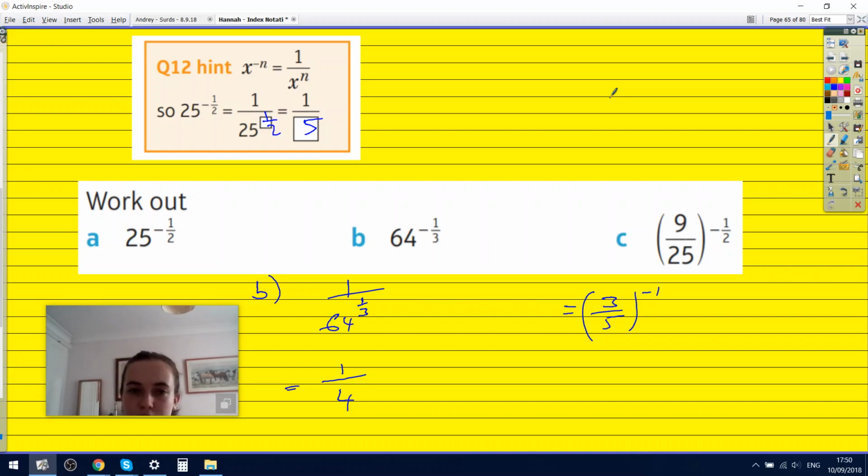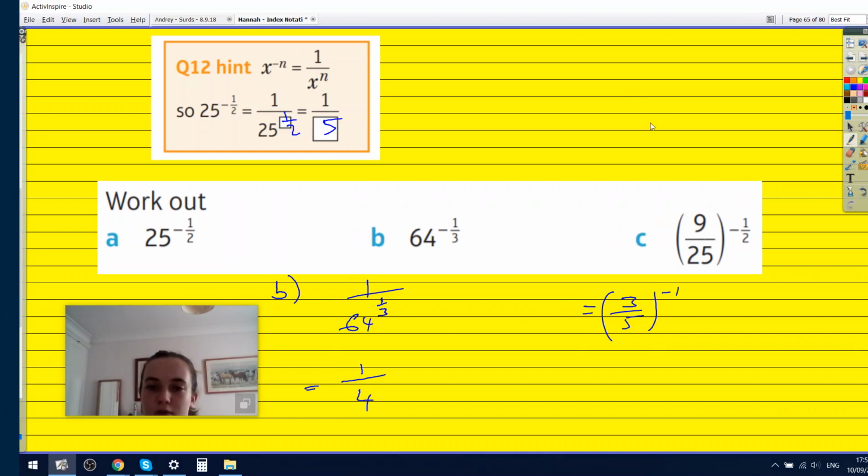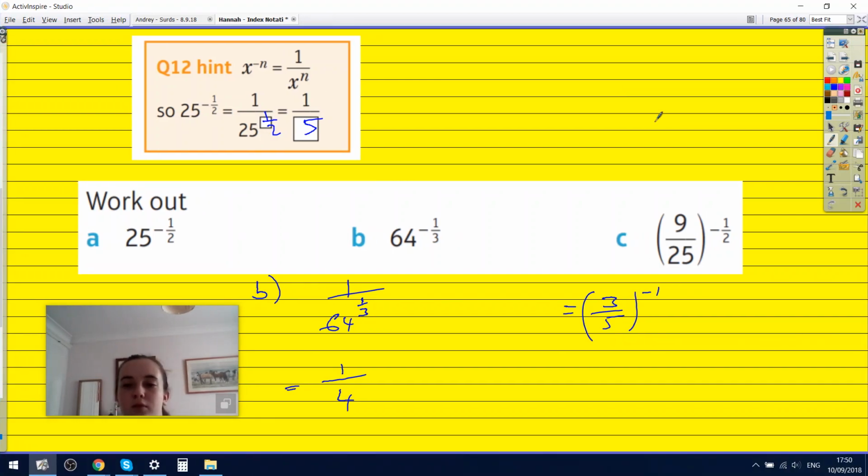Do you change it into... So what would the answer be here? To the... You might not remember.